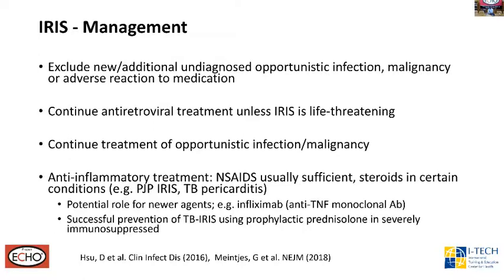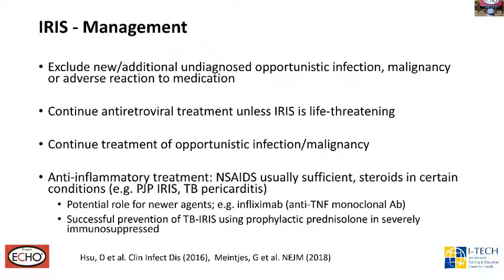There was also a paper done in 2018 where the investigators gave steroids before initiation of antiretroviral therapy in order to get ahead of the inflammatory response that would have triggered IRIS on initiation of antiretroviral therapy.